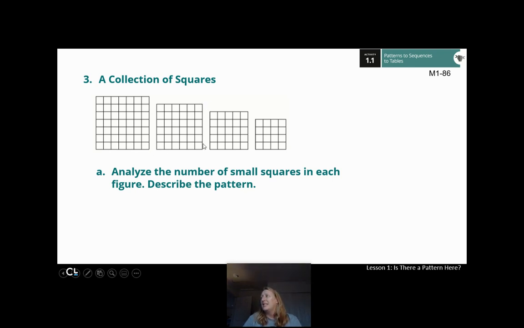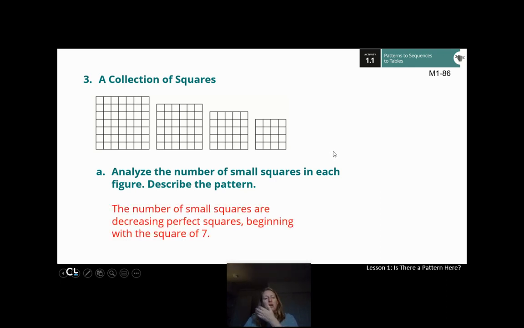And the next one was 6 by 6, which is 36. 5 by 5, which is 25, 4 by 4, which is 16. And so I noticed that the number of small squares are decreasing perfect squares. So it was 7 squared, and then 6 squared, and then 5 squared, and then 4 squared. Working our way down from there.